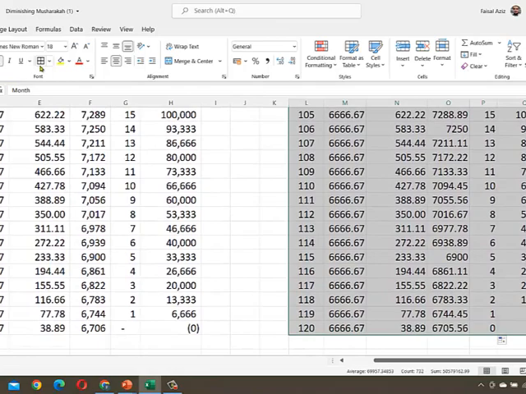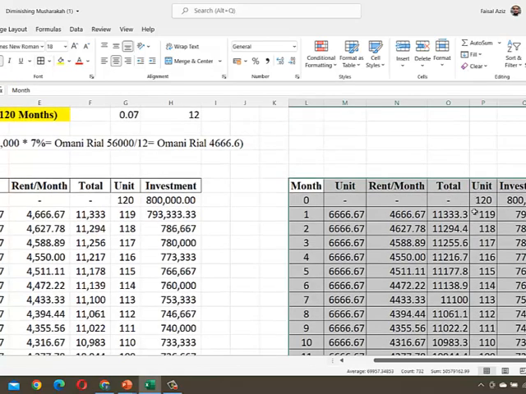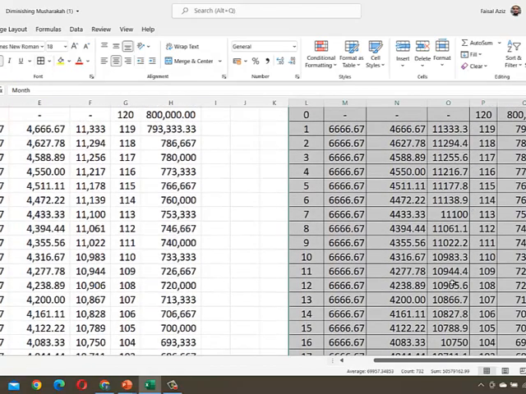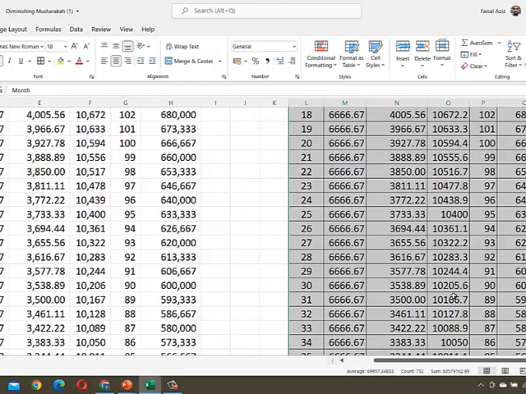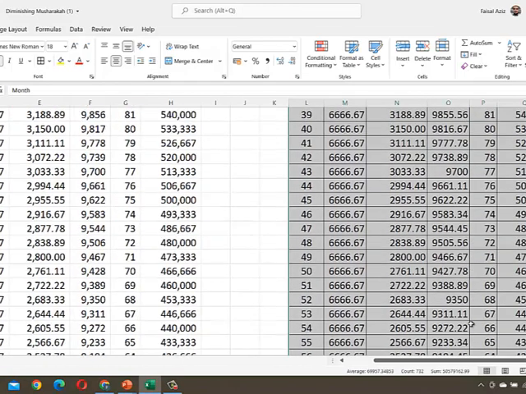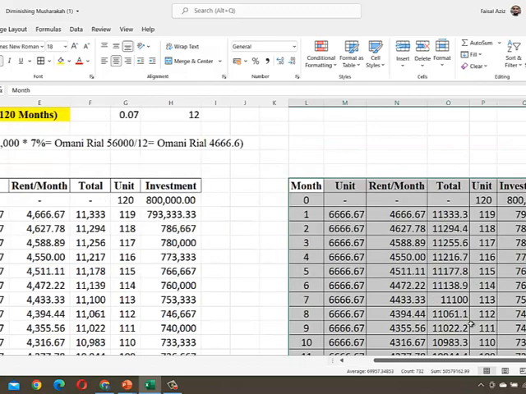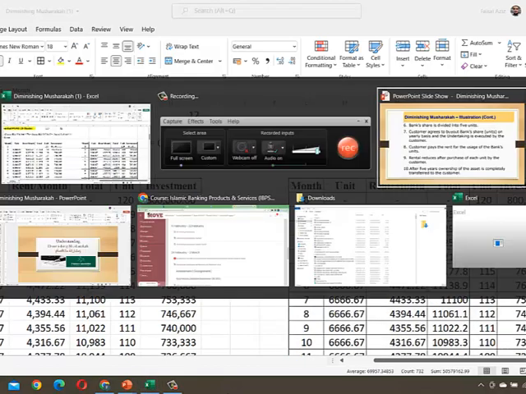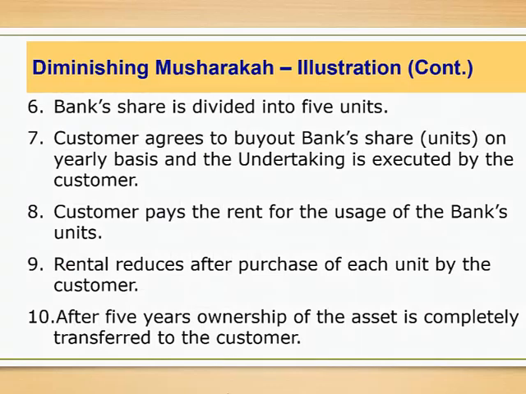I hope you have understood the mechanism of how we can prepare the schedule of diminishing Musharakah. This was a practical example using Microsoft Excel, which you just saw. That's the end of my discussion.